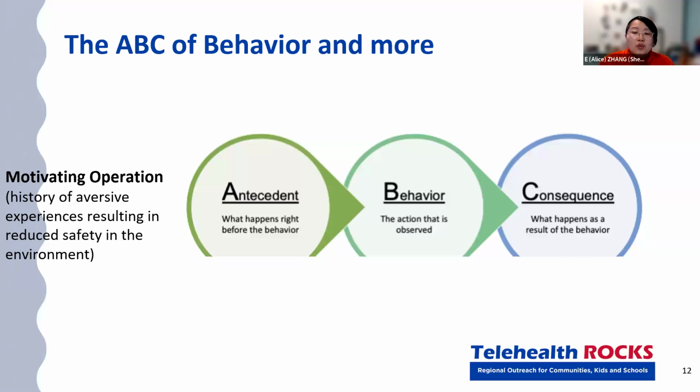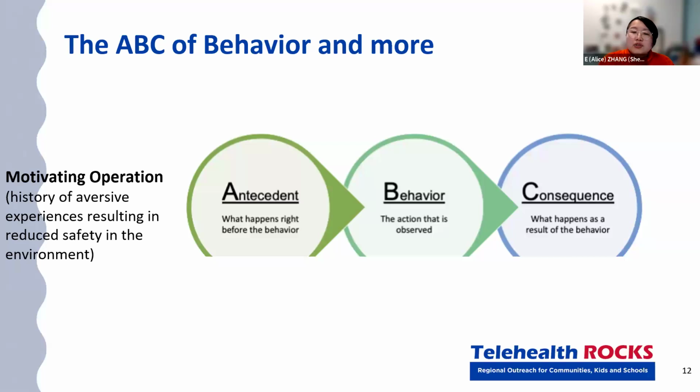Antecedents refers to what happens right before the behavior, and the behavior is the behavior of concern or of interest you are trying to address, either to increase if it's a behavior deficit, or maybe you want to decrease if it's a challenging behavior that happens either too often or in a context that may be inappropriate. And consequences are what occurs immediately after the behavior.